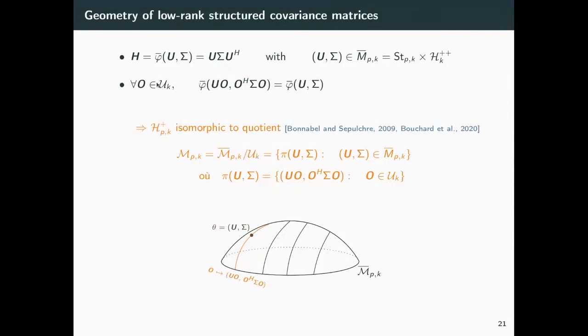So for every unitary matrix O, this point is strictly equivalent to this point. So in fact, we have to take that into account and consider the quotient, which considers every fiber here as a point.